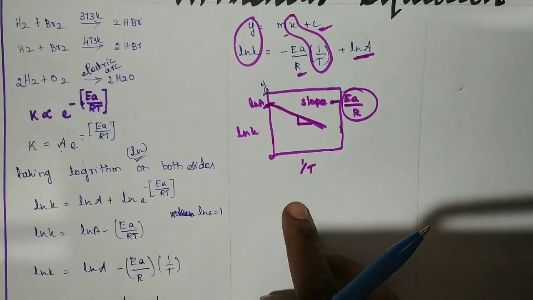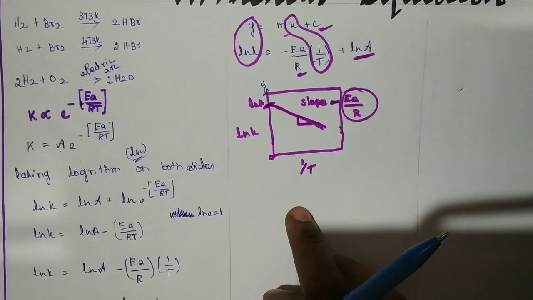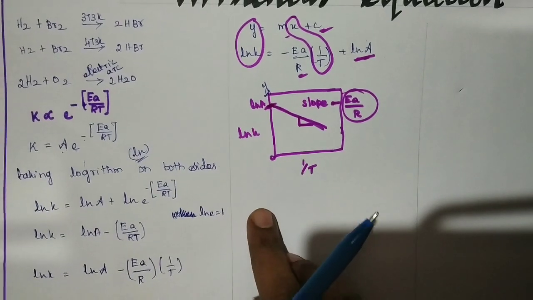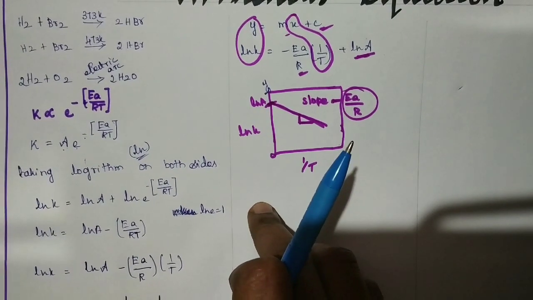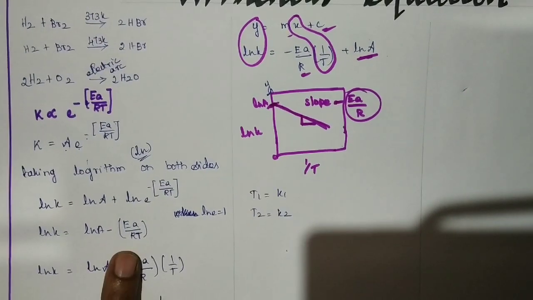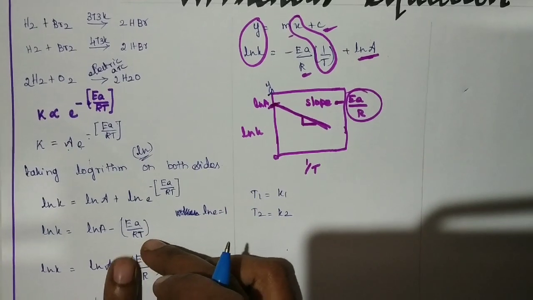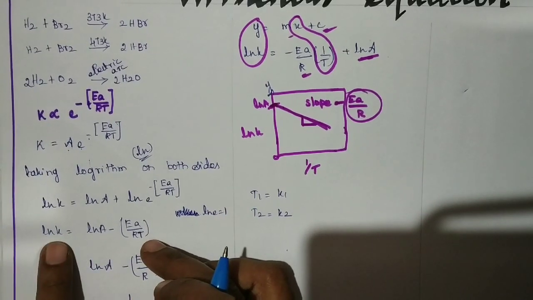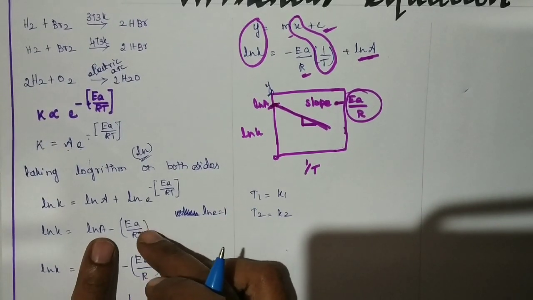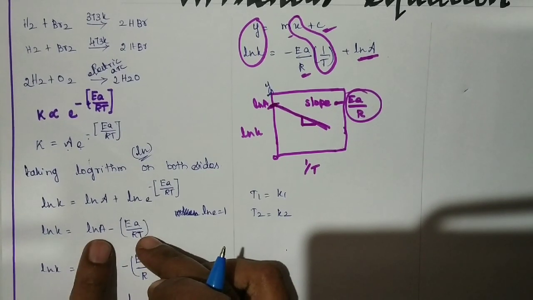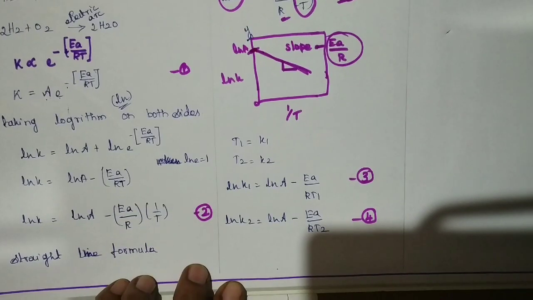That means initially the temperature is T1 and finally T2, initially the rate constant is k1 and finally k2. Therefore ln k1 is equal to ln A minus Ea by RT1, and ln k2 is equal to ln A minus Ea by RT2.